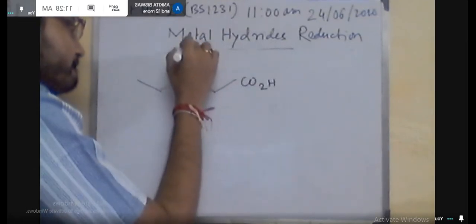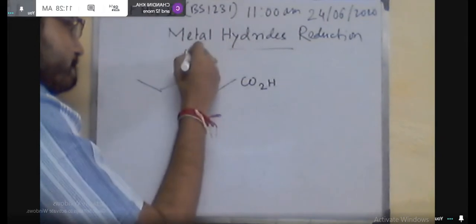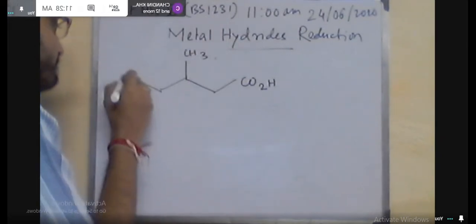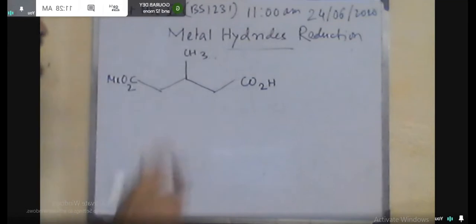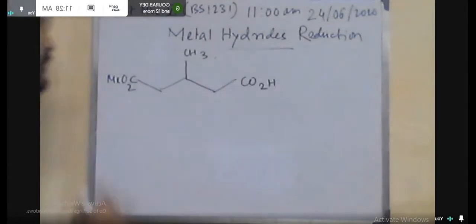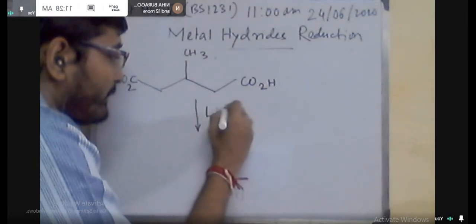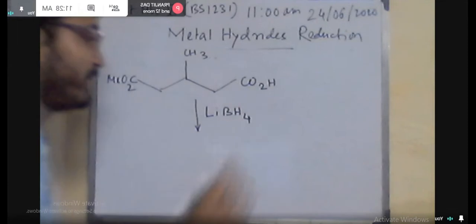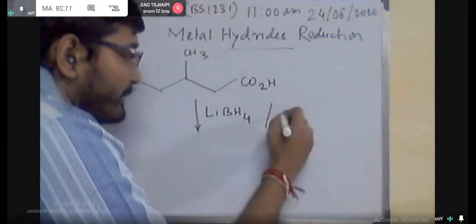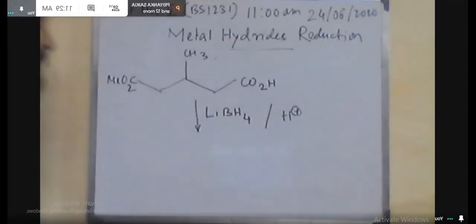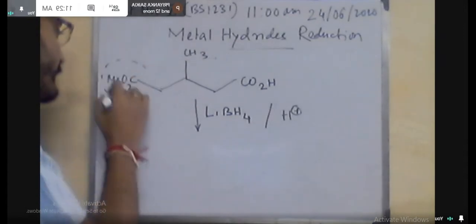So here this group remains intact, and from this ester you will get the corresponding alcohol, that means CH2OH.